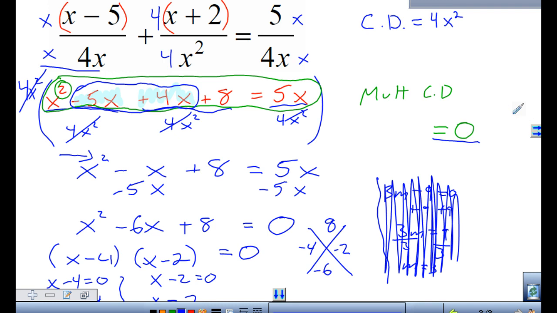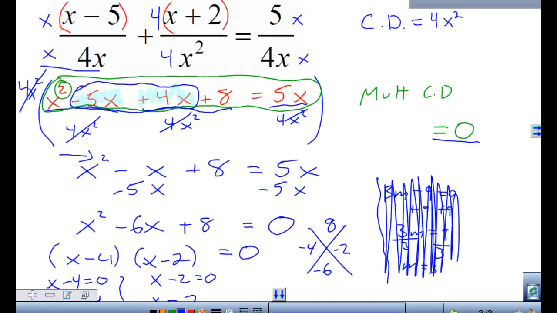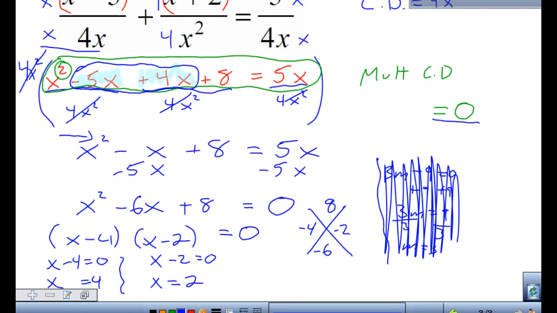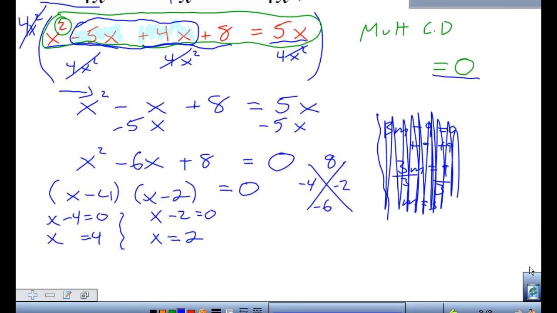How can you make sure you get more answers correct? You do a check. But some people say, that's a lot of work, and fractions, boy, that fifth grade work I don't like doing. And then you ask, what else can I do? You don't have a choice. You have to do the work. You want to get the right answer, know for sure. That's what you've got to do.